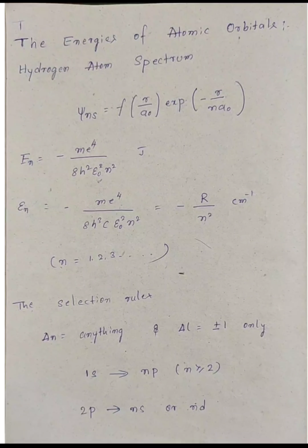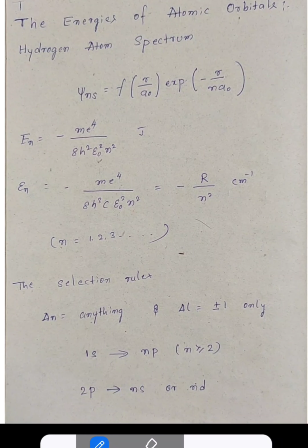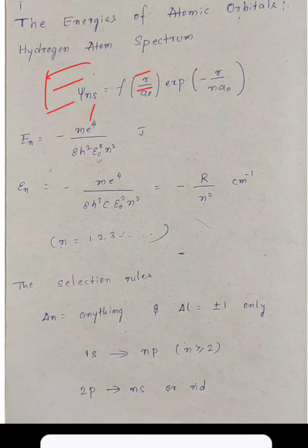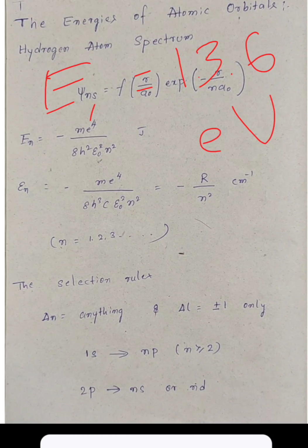You already know the ground state energy of the hydrogen atom is minus 13.6 eV, electron volt. E1 is the ground state, where n is equal to 1 represents the ground state. So the energy is minus 13.6 eV.